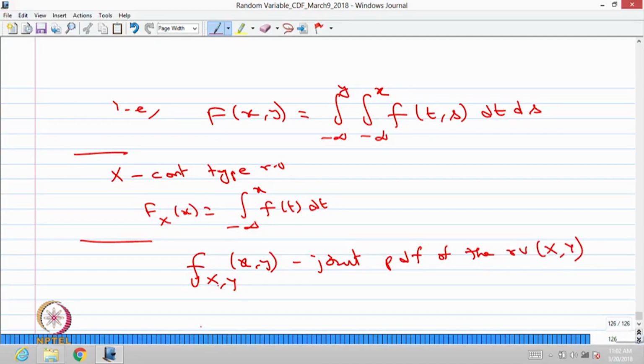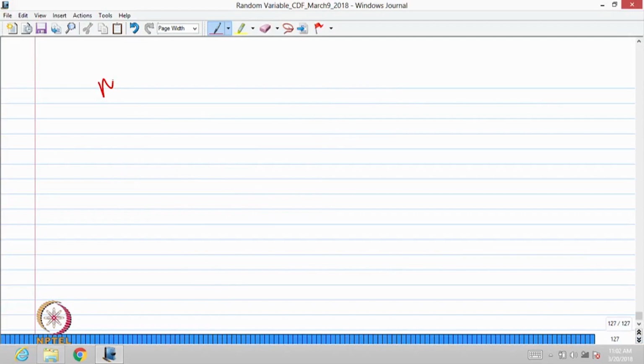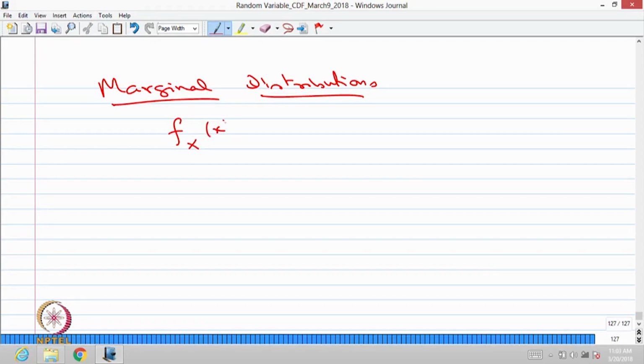From the joint probability density function, one can always get the marginal distributions of x and y. One can get the marginal distribution of one random variable by integrating the joint probability density function with respect to y.